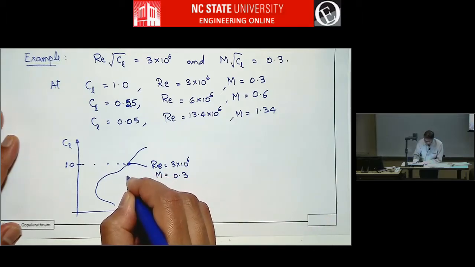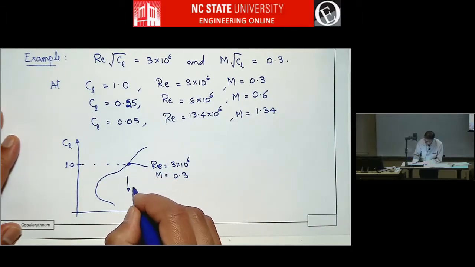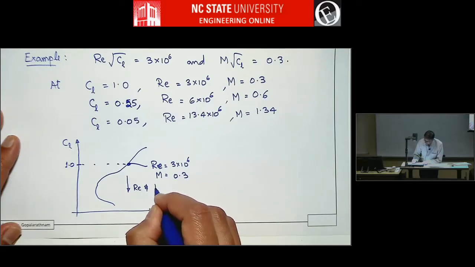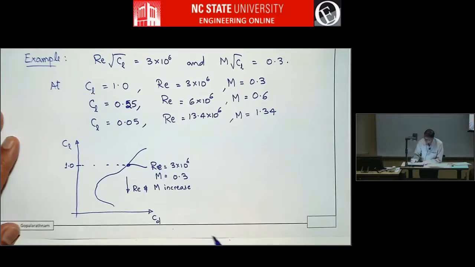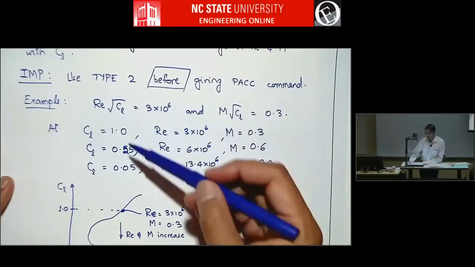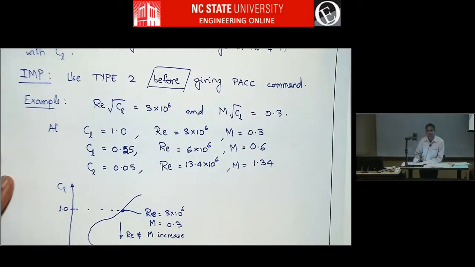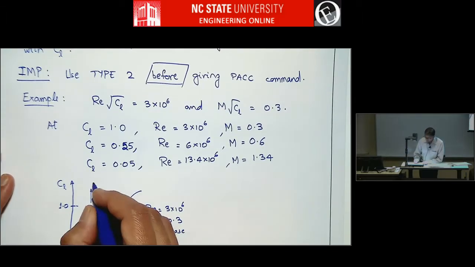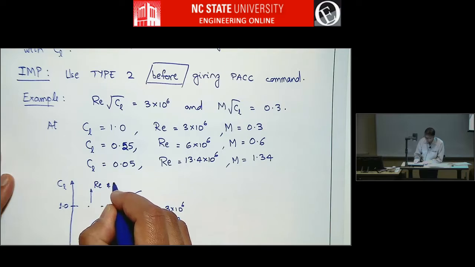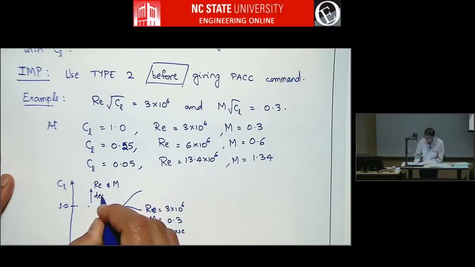So as you go this way, RE and M increase. But because we have kept RE times square root of CL constant, that's automatically taken into account in X-foil. And as you go this way, RE and M decrease.